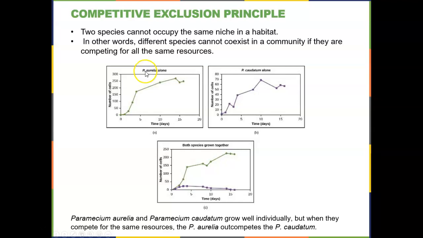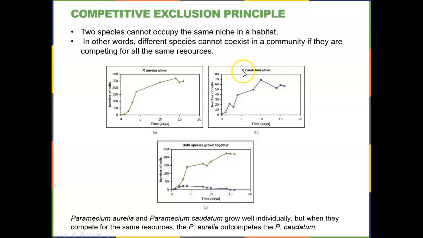In graph A, we have a particular species of paramecium. Remember that paramecium are ciliated protists, so they're single-celled protists. When you culture these protists with a particular medium that they really like to eat, you notice that over a 20-day period, these animals will increase. So we're looking at their population growth. They'll be very happy. This is this type of paramecium, the Aurelia, alone.